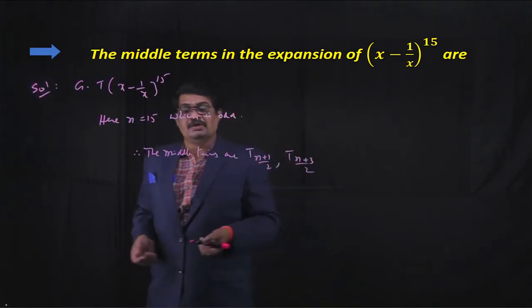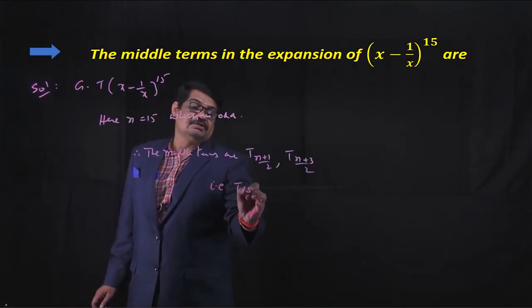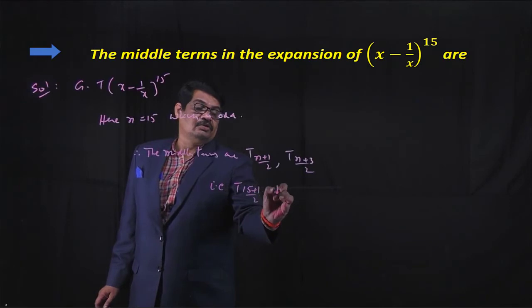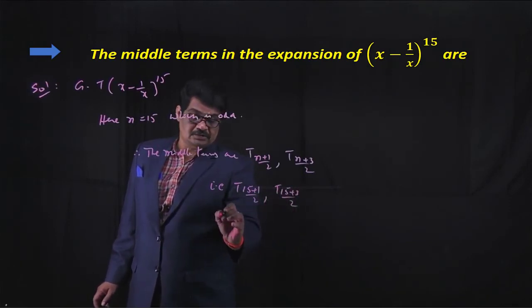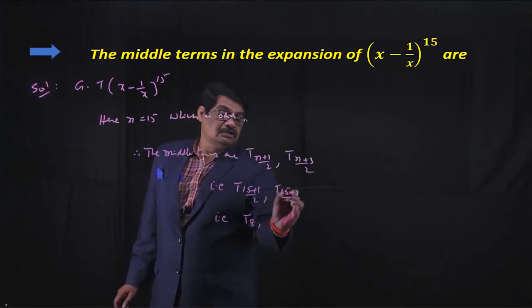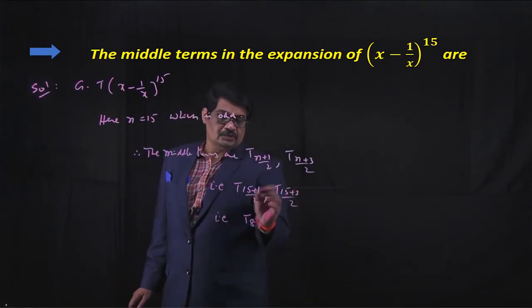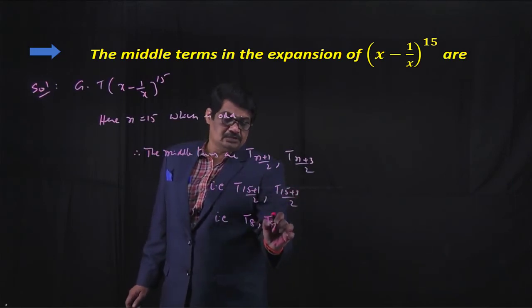These two are the middle terms. So here n is 15, T(15+1)/2 and T(15+3)/2. That is T16/2, that is T8, and T18/2, that is T9.